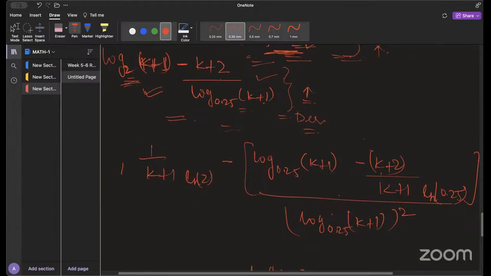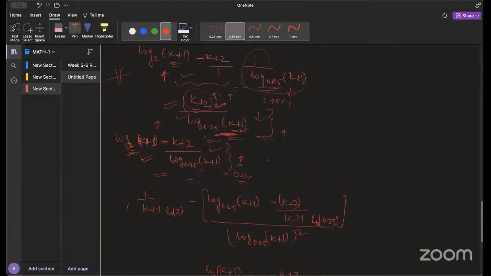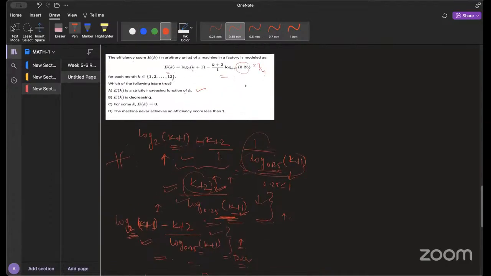Not simplifying. Okay, then. Ma'am, we can do it tomorrow. Yeah, we can do it. This needs to be more simplified.